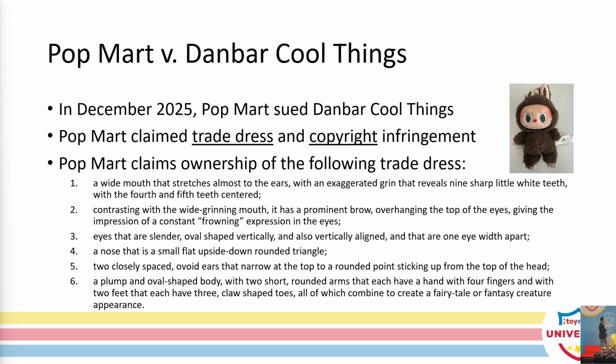Contrasting with the wide grinning mouth, it has a prominent brow overhanging the top of the eyes, giving the impression of a constant frowning expression in the eyes, just like me, constant frowning. Eyes that are slender, oval-shaped vertically, and also vertically aligned, that are one-eyed width apart. A nose that is a small, flat, upside-down, rounded triangle, 2 closely spaced ovoid ears that narrow at the top to a rounded point sticking up from the top of the head, and a plump and oval-shaped body, and the rest of it.